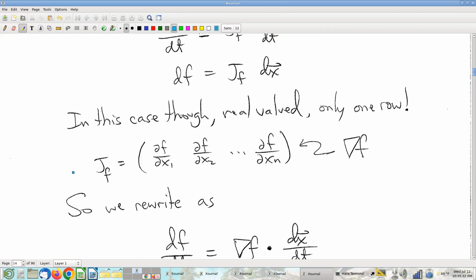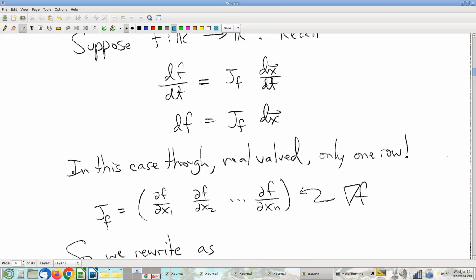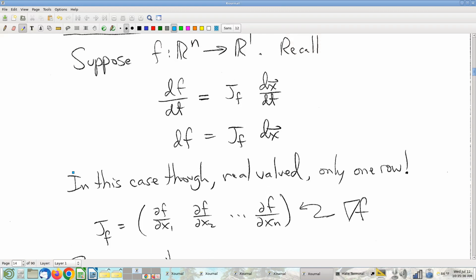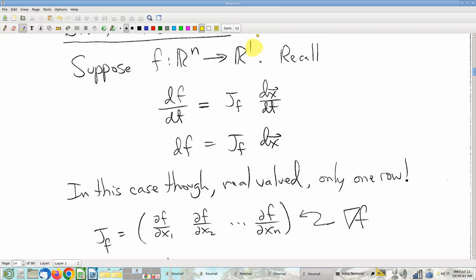Okay. Now, let's think about what happens if my function, as I have it here, only has a single output value. We've talked before about what happens when you have a single input. When you have a single input, you're talking about a parametric curve, and the Jacobian becomes a velocity vector. Here I have a single output. Outputs correspond to rows. And that means that our Jacobian is not a column.